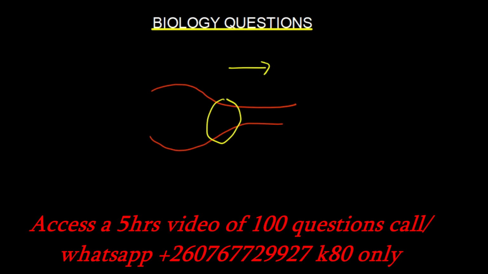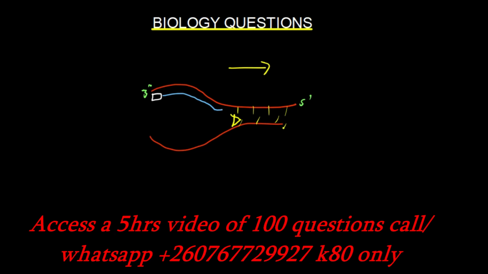Here is the replication fork. You have bases linked through hydrogen bonds, and helicase is breaking these hydrogen bonds. If this is the 3' end, this will be the 5' end. So on the new strand you need a primer here, then you're going to have a new strand which will be going like this.